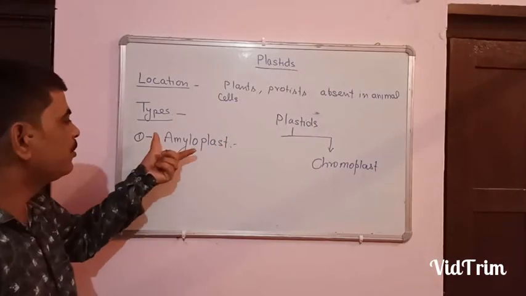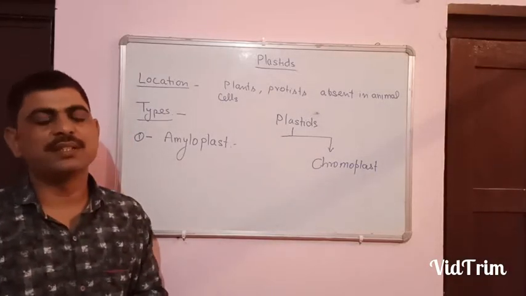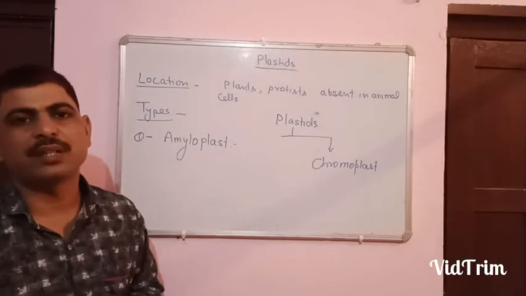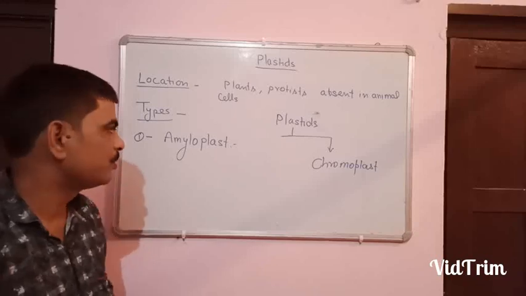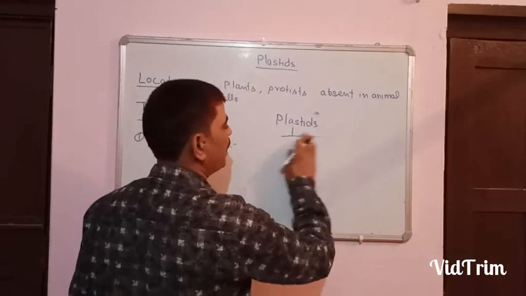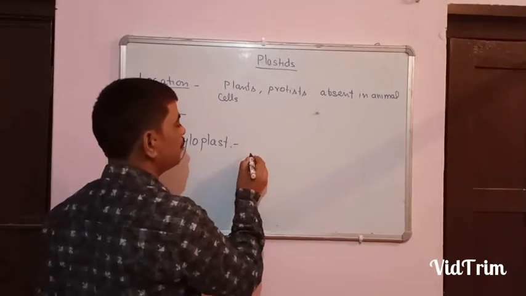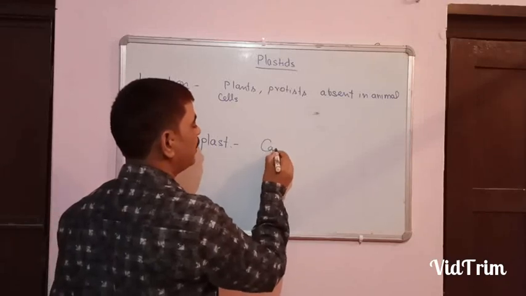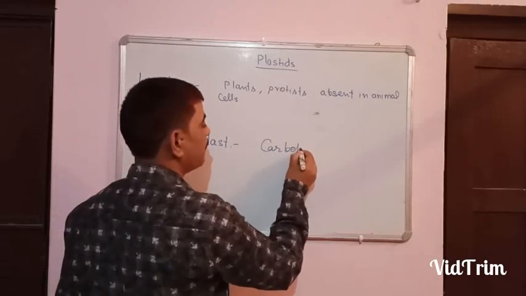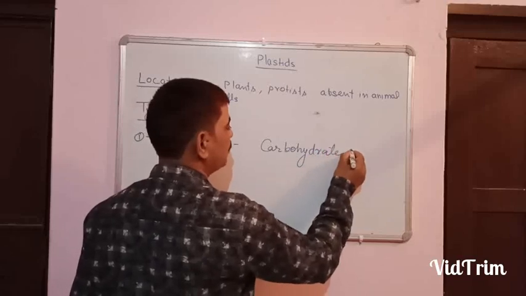As you know, amylase is an enzyme present in the saliva and it digests starch. So amyloplast is a type of leucoplast which is used to store carbohydrate.